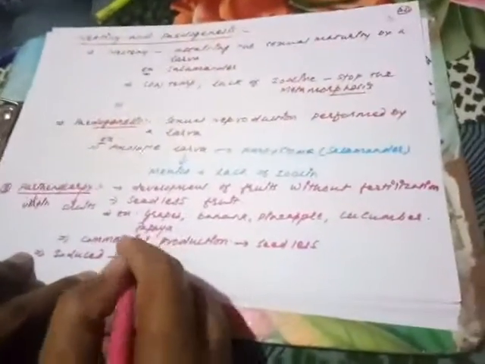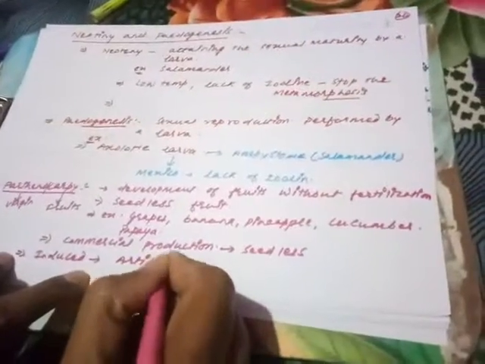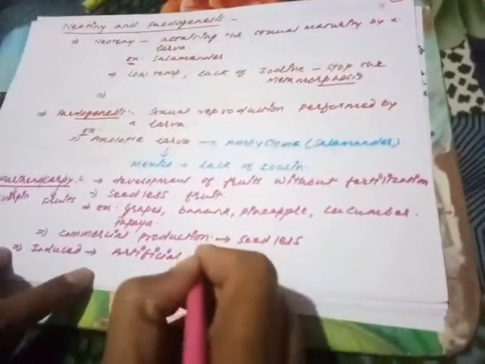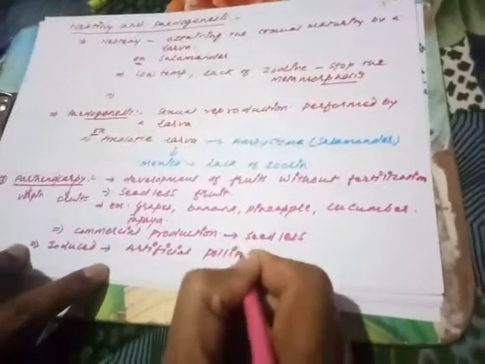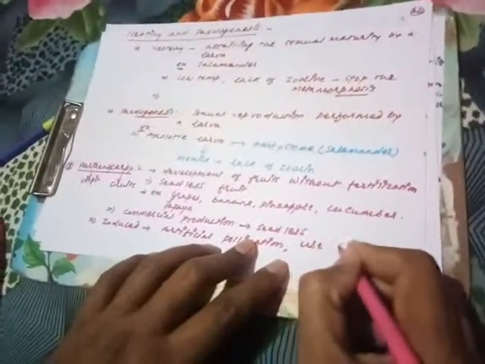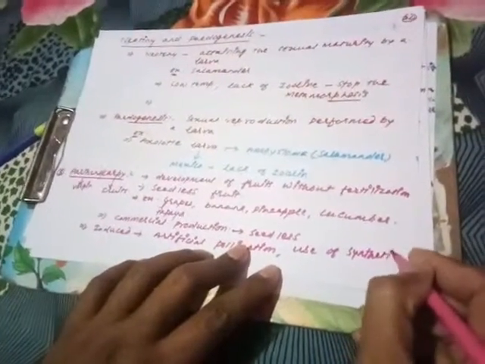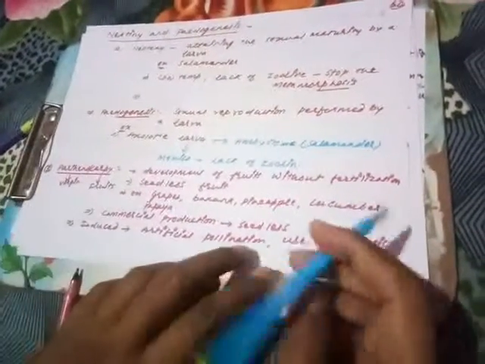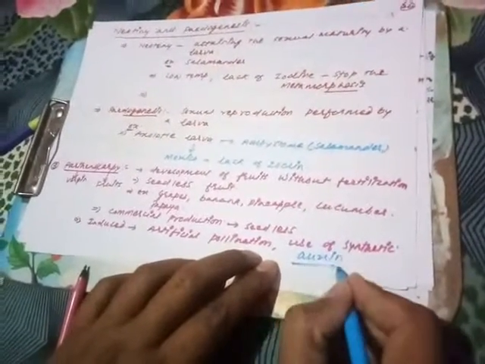Parthenocarpy is induced either by artificial pollination, which we'll discuss later, or by the use of synthetic auxin. Very important question for the NEET examination.